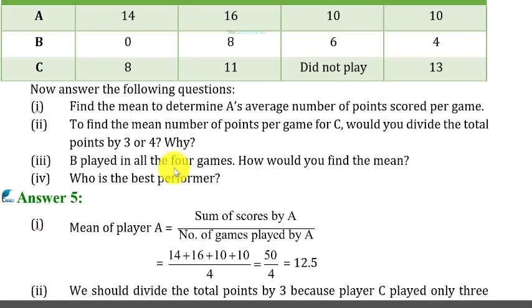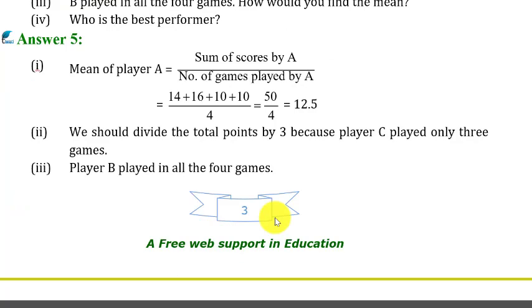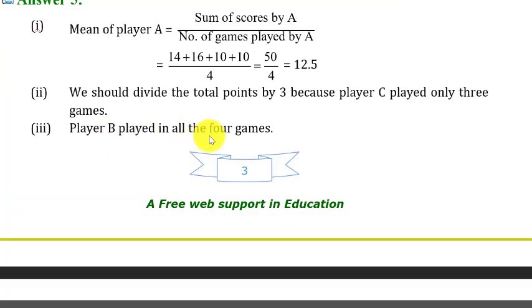B played in all the 4 games. How would you find the mean? So here B played all 4 games. The scores are 0, 8, 6 and 4. It will be written as: player B played in all 4 games.